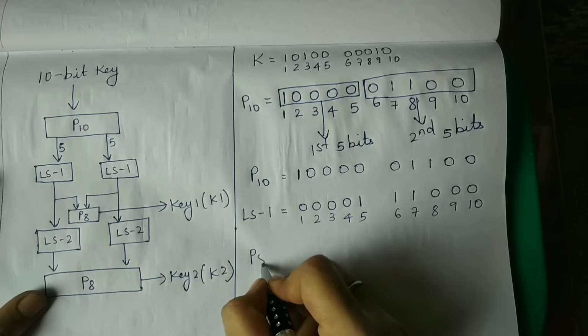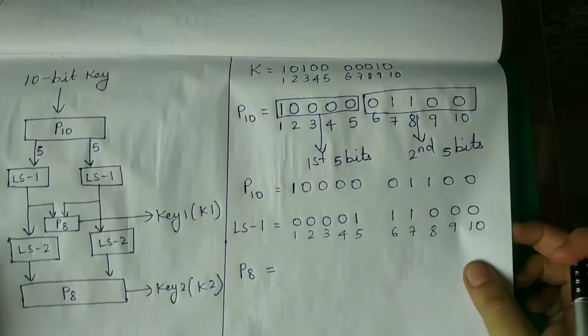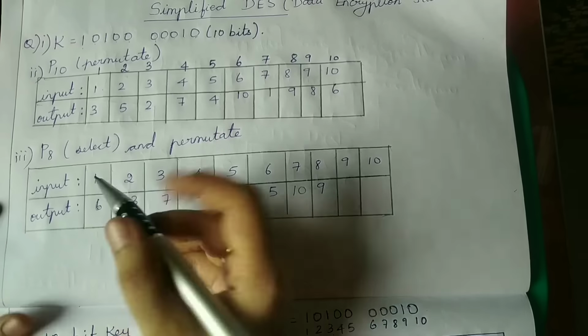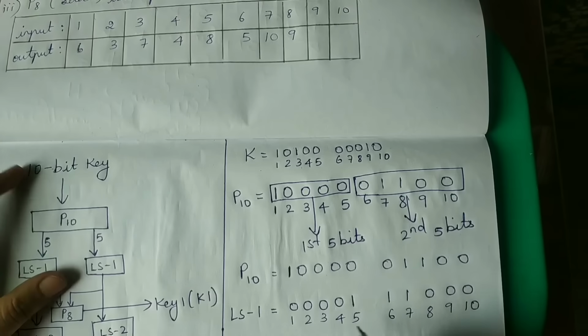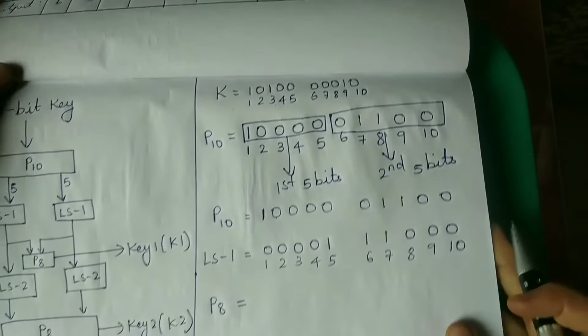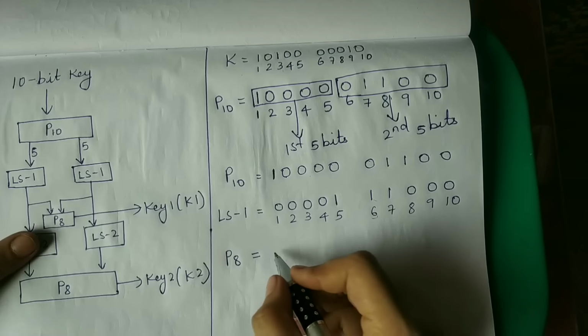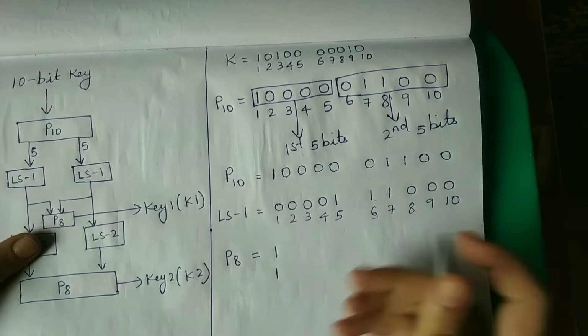So now P8 is equal to, look at this P8, 6 to 1. So sixth bit in LS1 will come to 1. So 1 has come to 1.